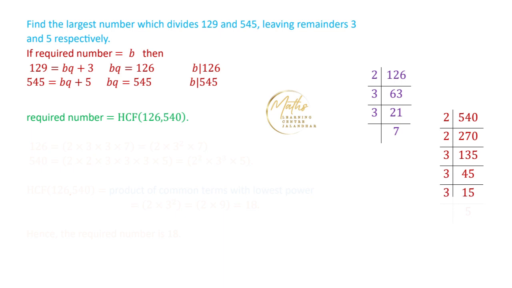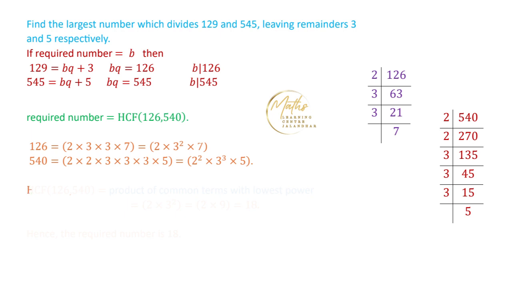Again 3 is the factor, the quotient is 5. So what we obtain from this is that the prime factorization of 126 we can write as 2 into 3 into 3 into 7, that is equal to 2 into 3 raised to the power 2 into 7. And for 540 we have 2 into 2 into 3 into 3 into 3 into 5. So we have the prime factorization in this form.